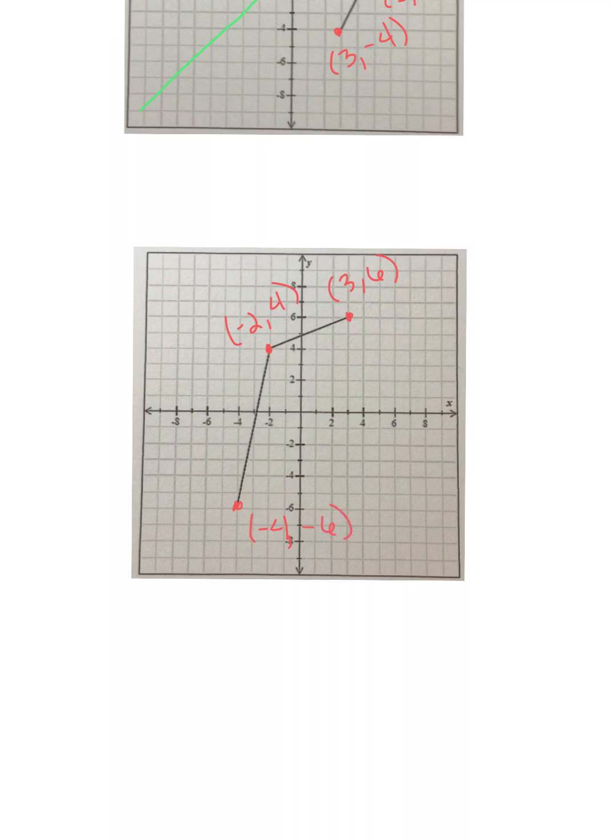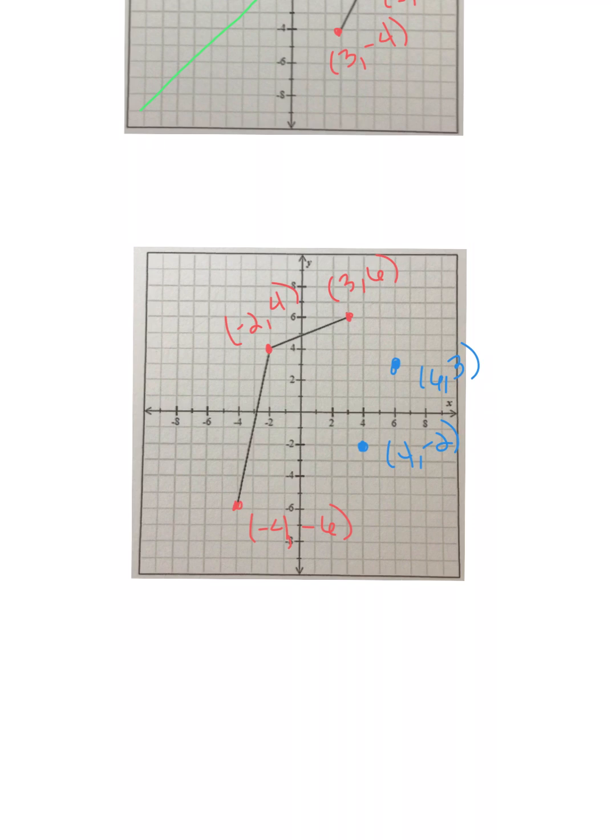To graph our inverse, we're going to flip-flop our points. So for the right endpoint, our coordinates become x is 6, y is 3. Our bend coordinates become x is 4, y is -2.